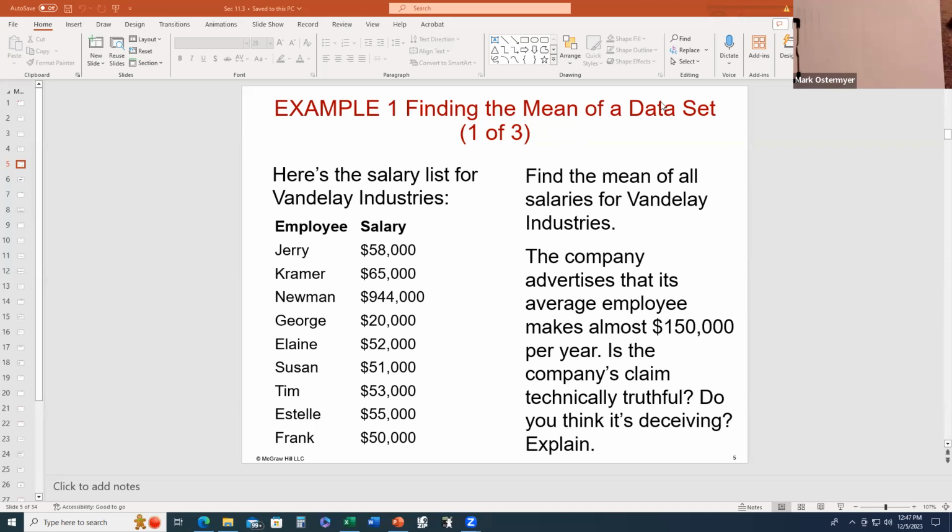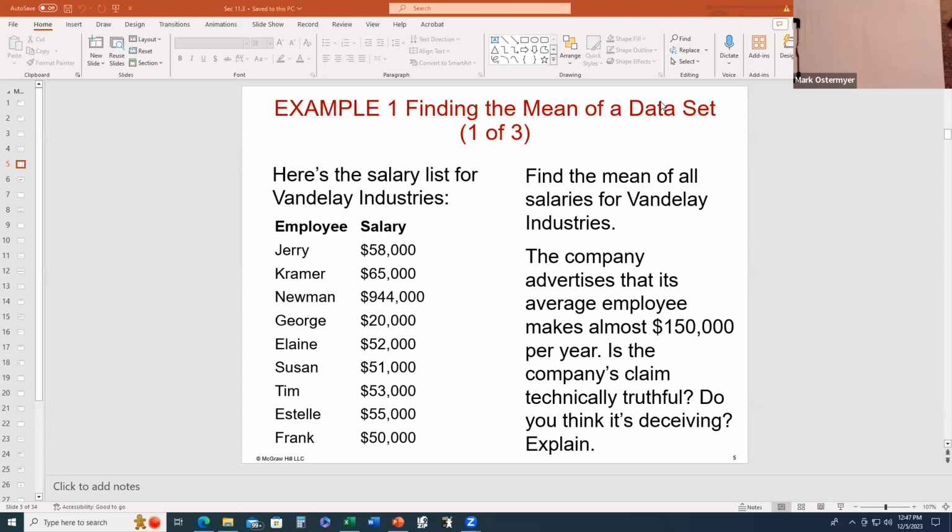Yes or no? Do you think that $150,000 mean salary is a good representation of the salaries in general here? No, not at all. Doesn't look like it at all. In fact, most of the employees, the majority of the employees make well under $150,000.